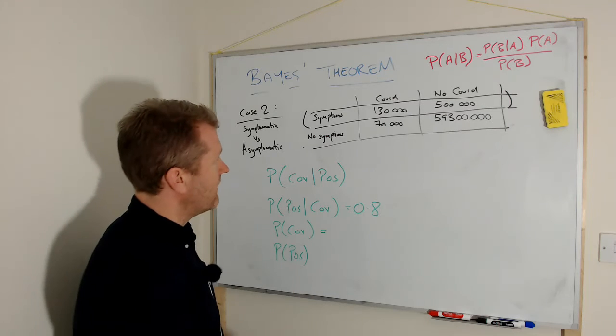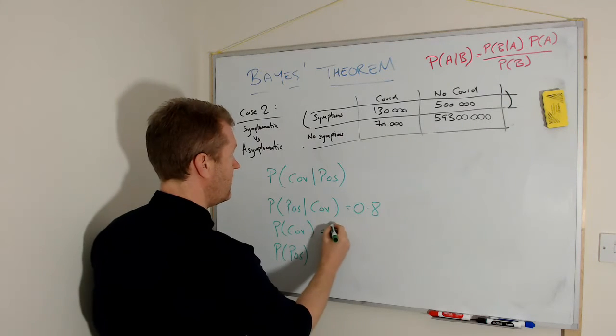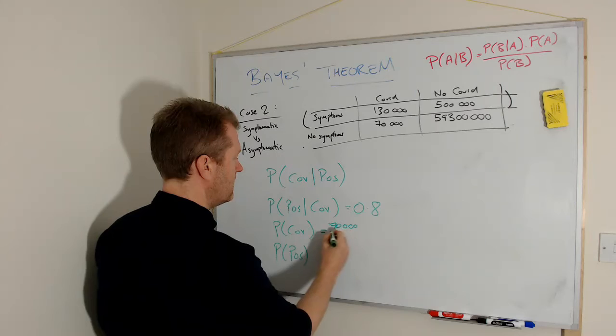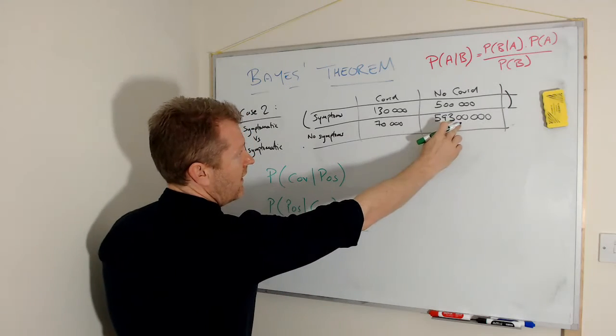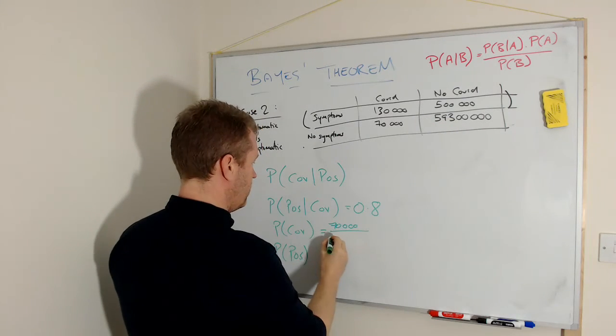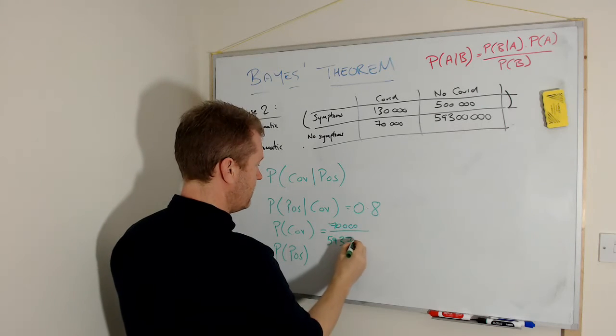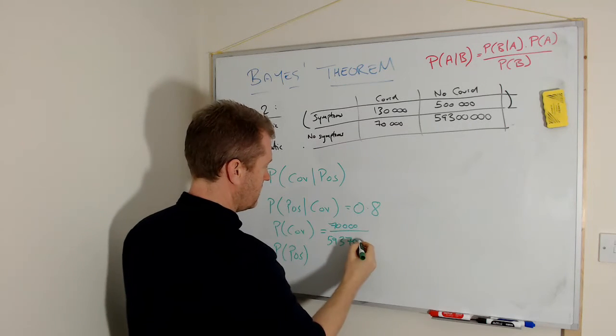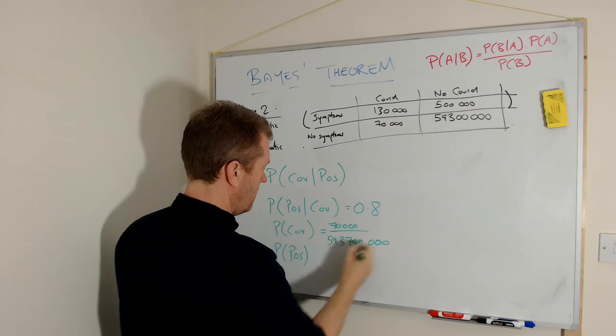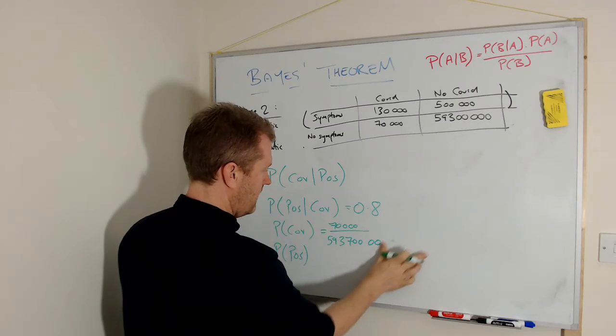The probability that you have COVID at all is 70,000 divided by, what is it, 59,370,000. We had the 7 because we're looking at the total population. How many zeros have I got in there? Yeah, look.